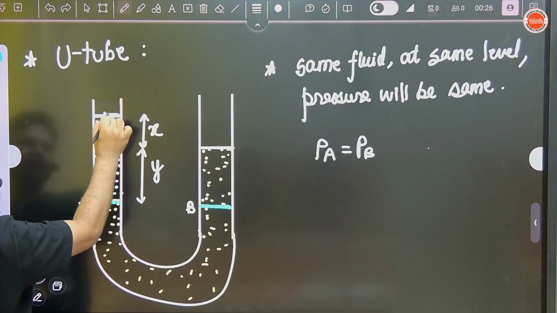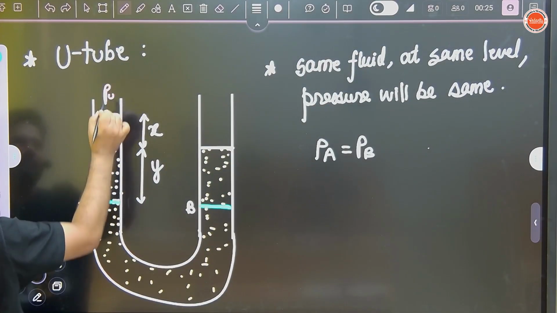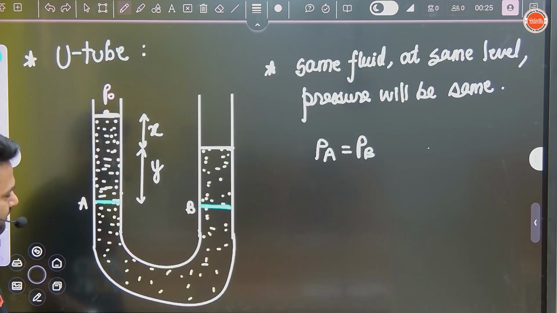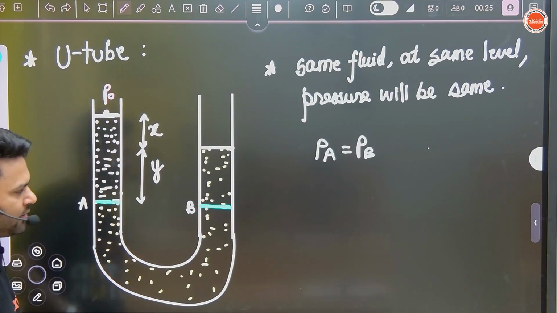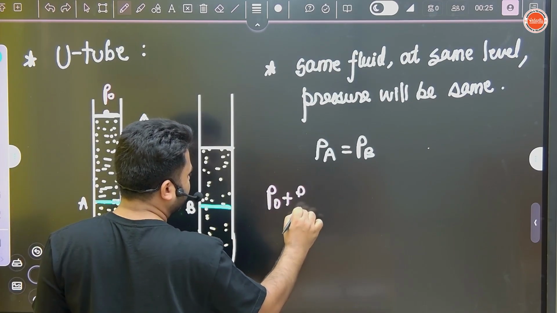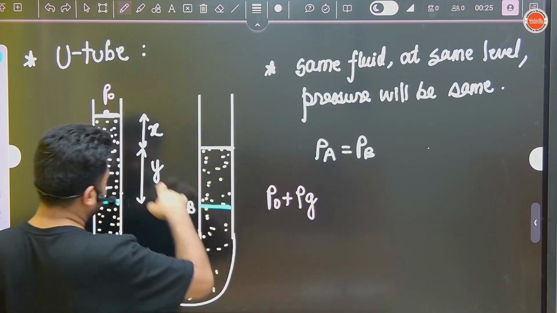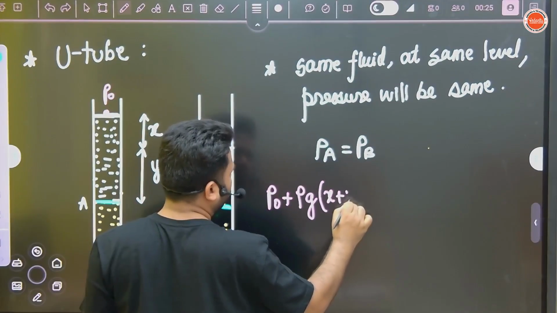What can you write about the pressure at point A? Suppose here it is exposed to atmosphere, so P naught. Pressure at A: how much depth are we going down? X plus Y. So we write P naught plus rho g times (X plus Y).